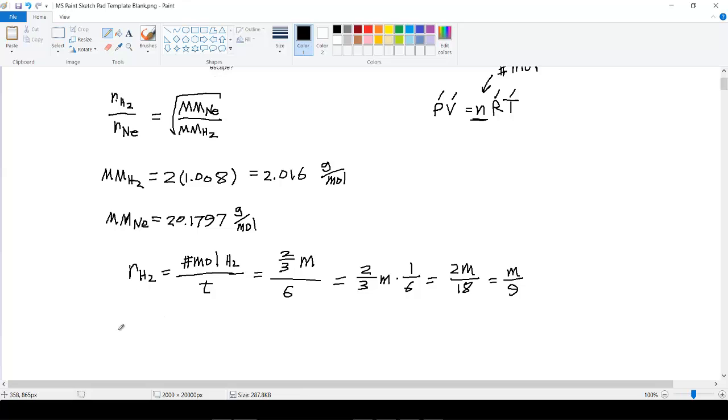Alright? Now let's look at the rate for neon. And that's going to be the number of moles of neon that diffuse in a given time. I should be careful here and call this time of hydrogen, time of neon. So the number of moles of the neon that diffuse in however long it takes.